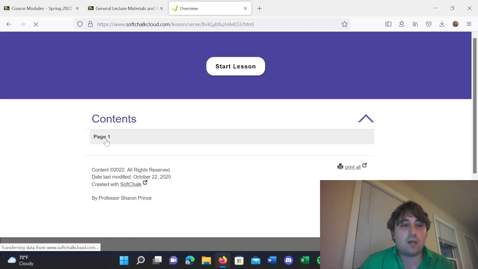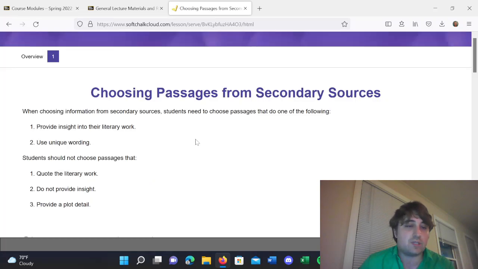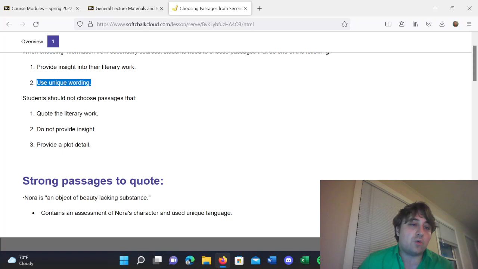So, how might we choose passages from secondary sources? So, we want to do these things. We want to provide insight to the literary work, use unique wording. We want to quote. We don't want to just quote the literary work from the secondary source.